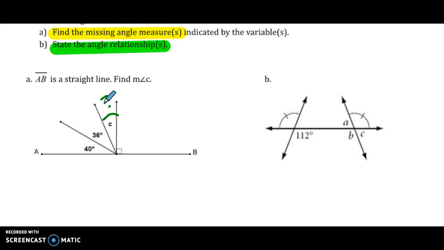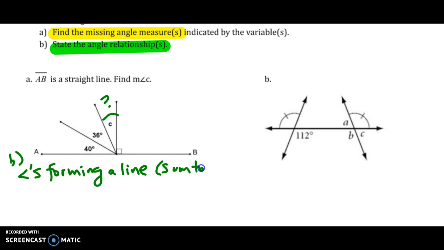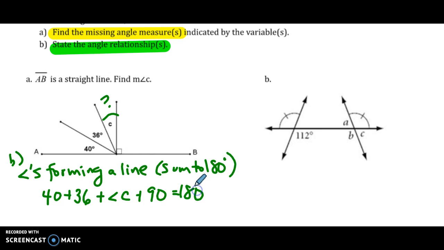Well, we have angles forming a line. That's the angle relationship. And we know that those sum to 180. So we have 40 degrees plus 36 plus angle C plus 90 equals 180 degrees.